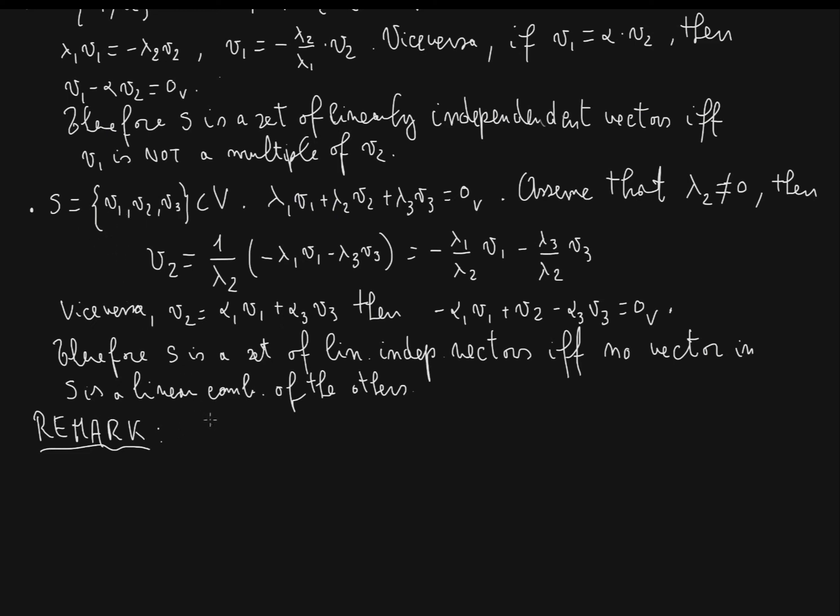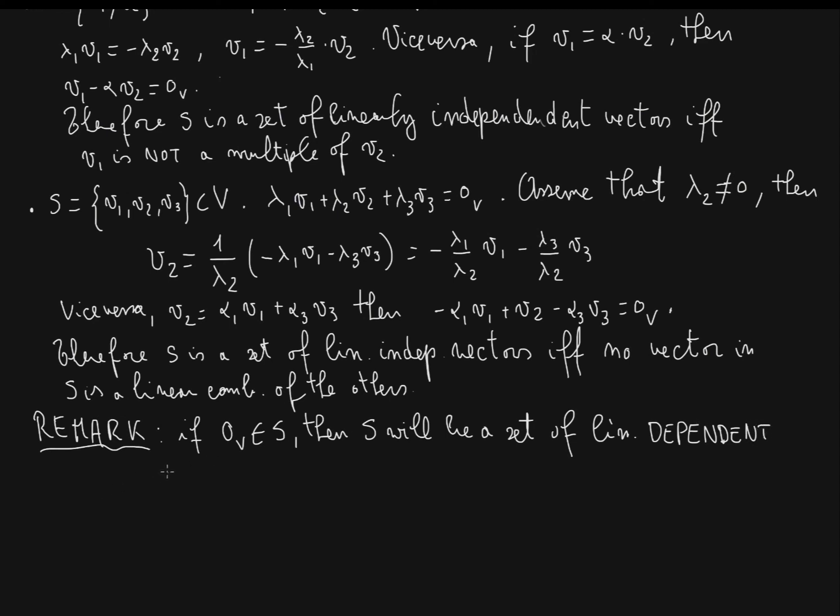Okay, so if the zero vector in V belongs to S, then S will be a set of linearly dependent vectors.